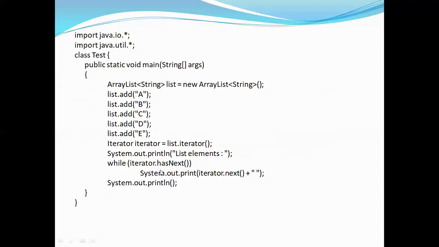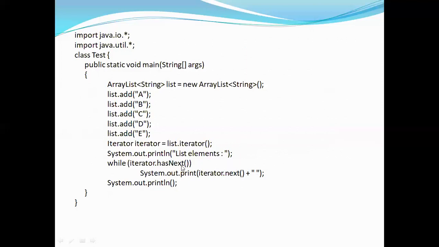Next, I'm printing a statement called list elements. After that, I'm printing the elements one by one. So I'm taking a while loop: while iterator.hasNext, you are just printing the next element, System.out.println(iterator.next). hasNext will check whether it has a next element, whereas next will print the next element. hasNext will tell you true or false, whereas next will print the element.